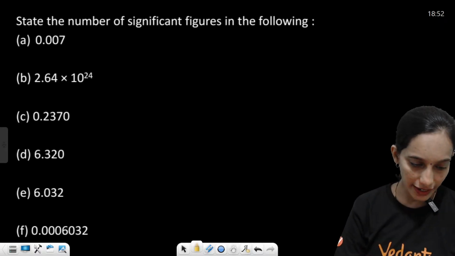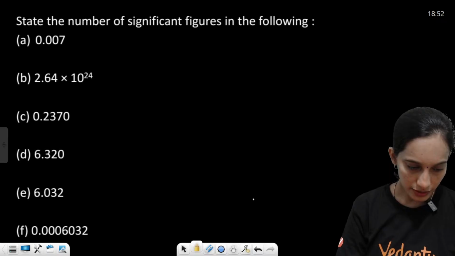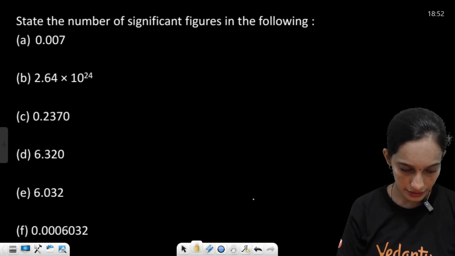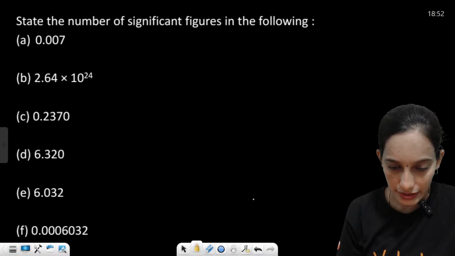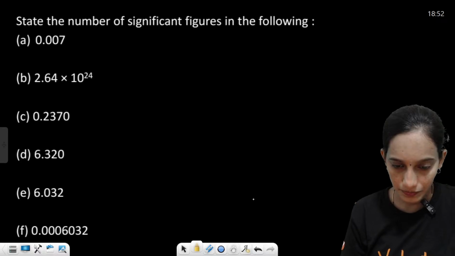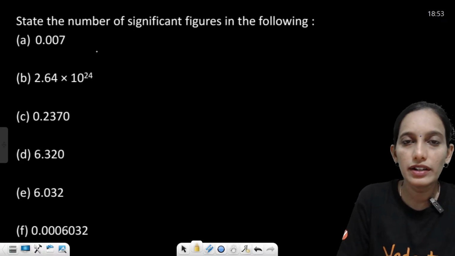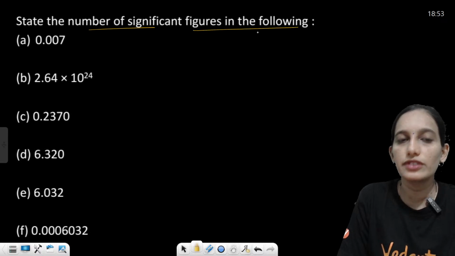Quickly you can try answering these. Yes Chinny, you were right for that answer, 3. So we have some examples: state the number of significant figures in the following data.